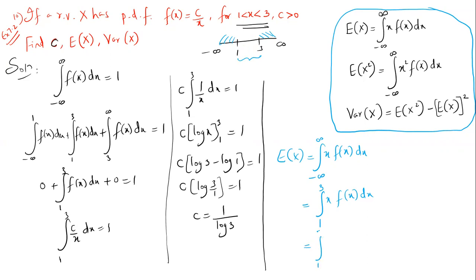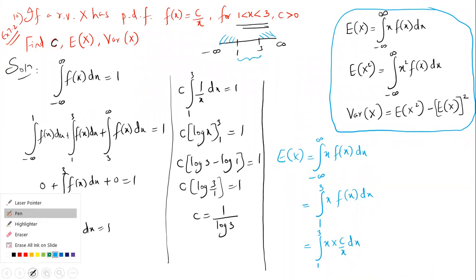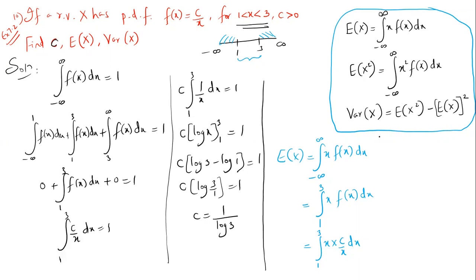So this comes out to be the integral from 1 to 3 of x into c by x dx. So x into c by x dx will give me just c dx, and c will come outside. Integration of 1 will give me x.